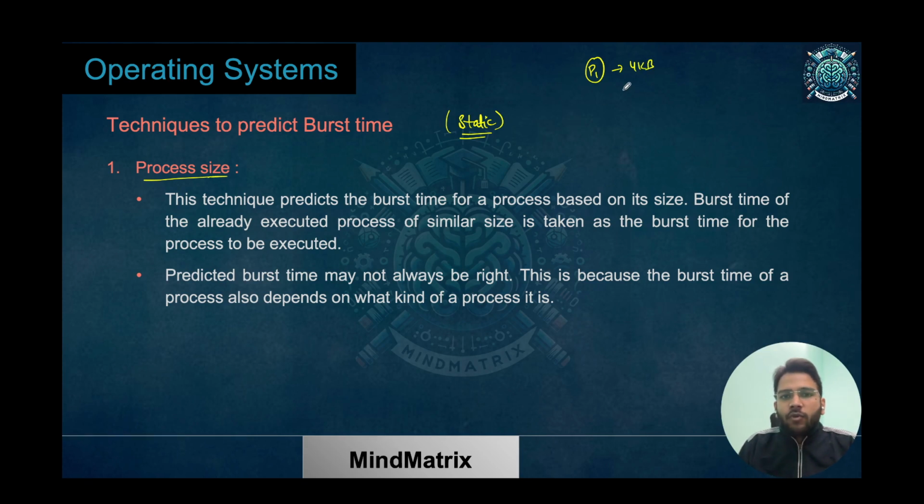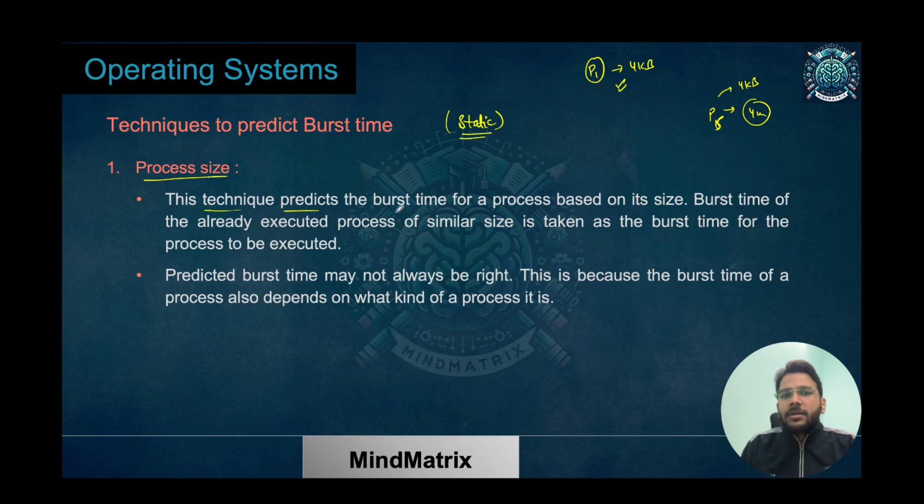P1 process size is 4 KB, and let's say you have a P5 process which you executed, and the size of process P5 was also close to 4 KB, and it took 4 units of time. So we are also going to assign 4 units to the P1 process. This is the static way of doing it.